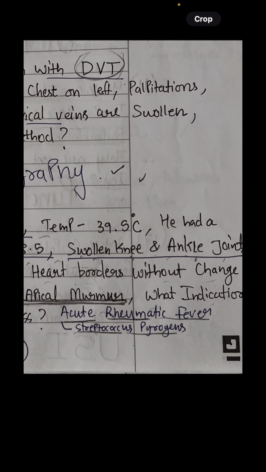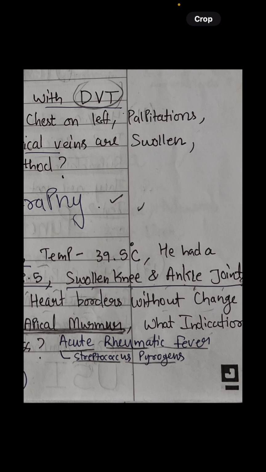So this is what we know as acute rheumatic fever. The main etiological agent here is Streptococcus pyogenes. So in cases of acute rheumatic fever, the most important etiogenic agent is Streptococcus pyogenes.